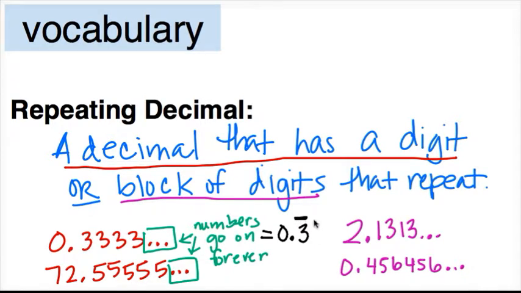This bar goes above the digits that are repeating. For my purple numbers, when you have a block of digits repeating, you write the block and you put the bar over the entire block.